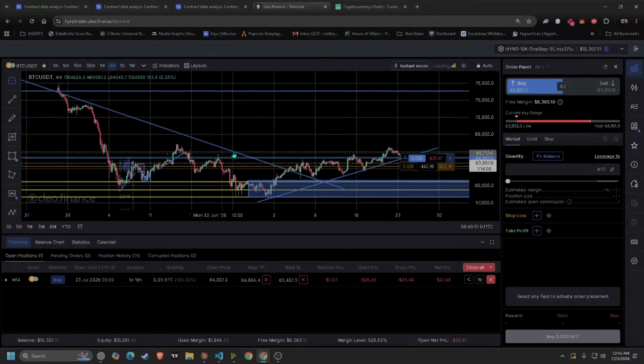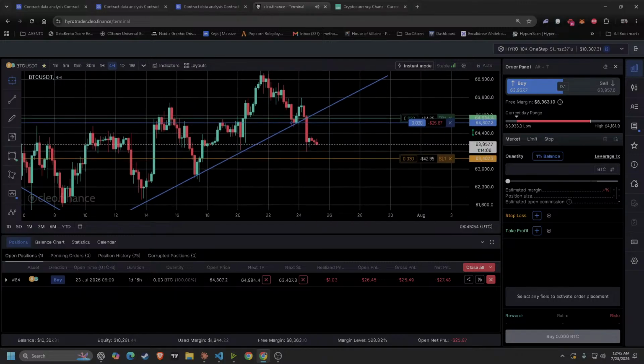Trying to get out of this trade and protect profits because I kind of felt like we were going bullish, but I didn't.